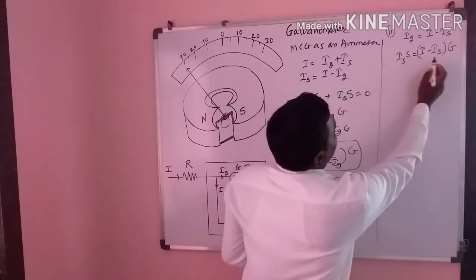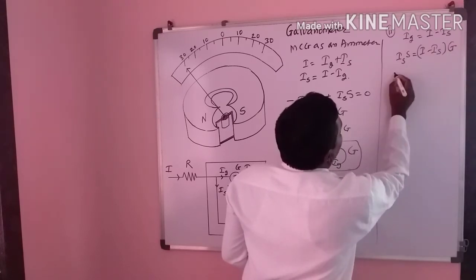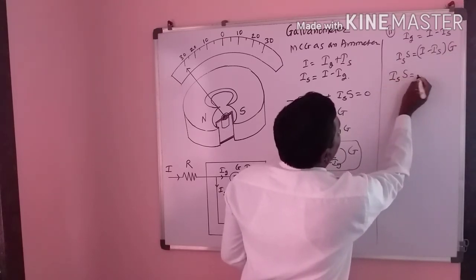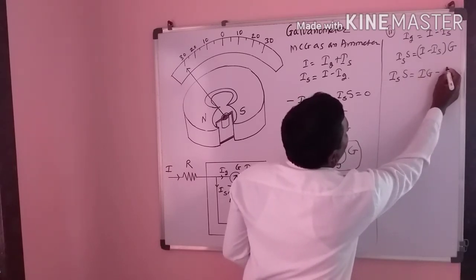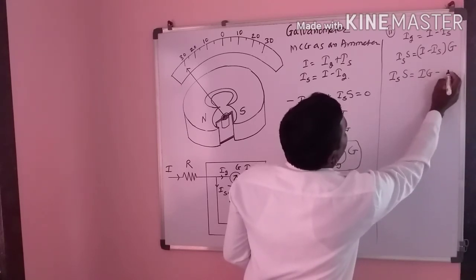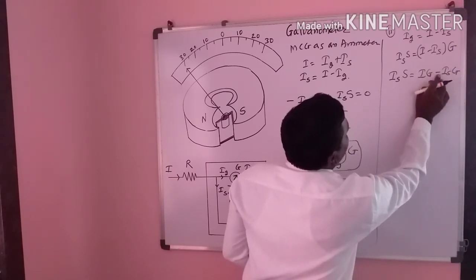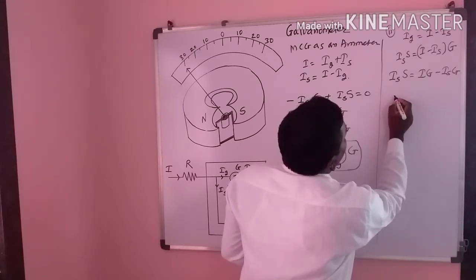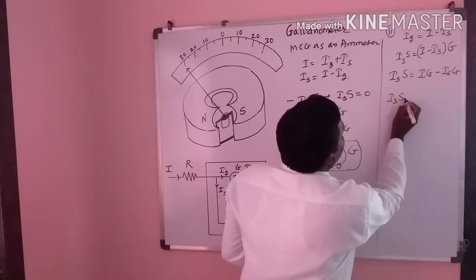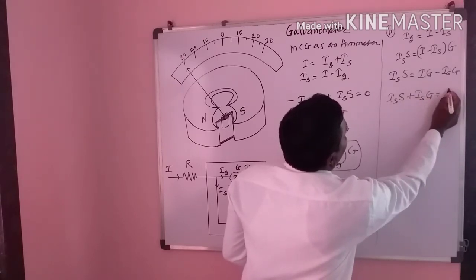Multiplying out by G, IsS = IG - IsG. The IsG term, with its minus sign, comes to the left side, so we write IsS + IsG = IG.